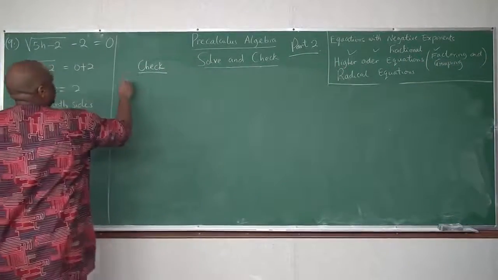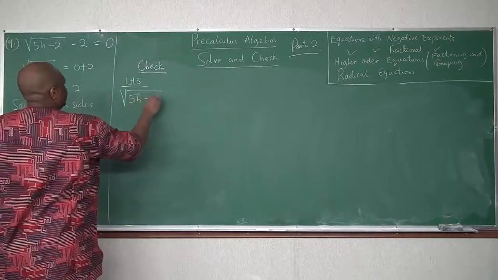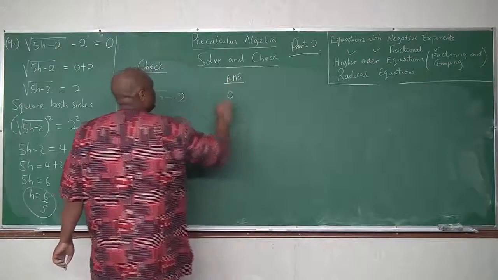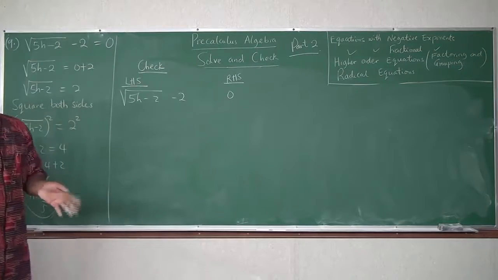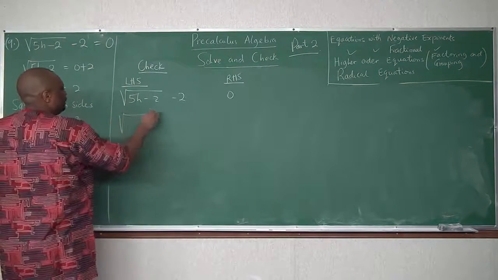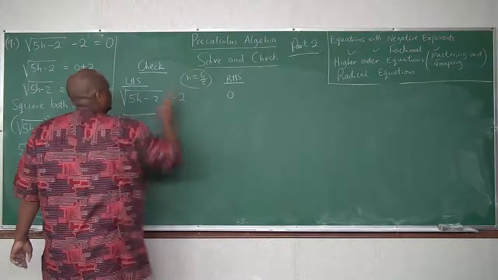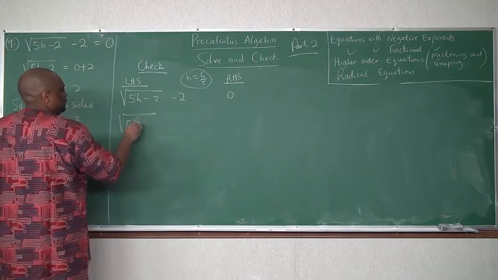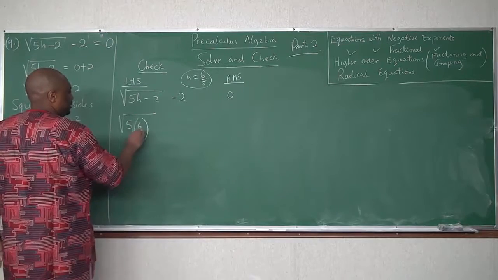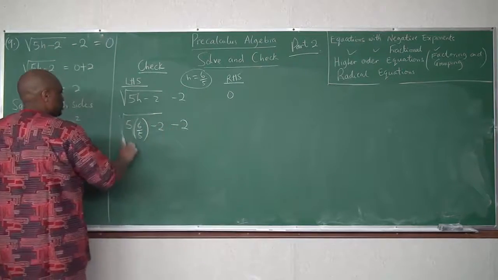Our left hand side is square root of 5h minus 2 minus 2. Our right hand side is 0. We always want to check with the main equation. So this is square root of, and our h we got was 6 over 5. So this is 5 times 6 over 5 minus 2 minus 2.